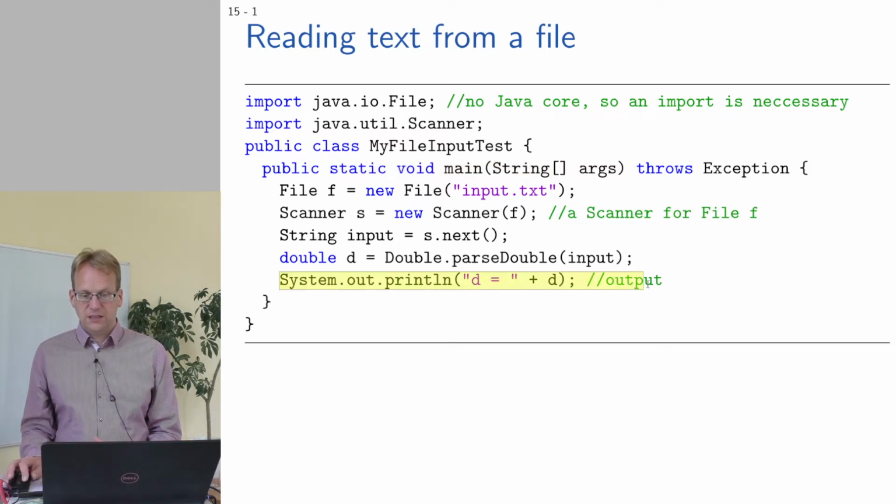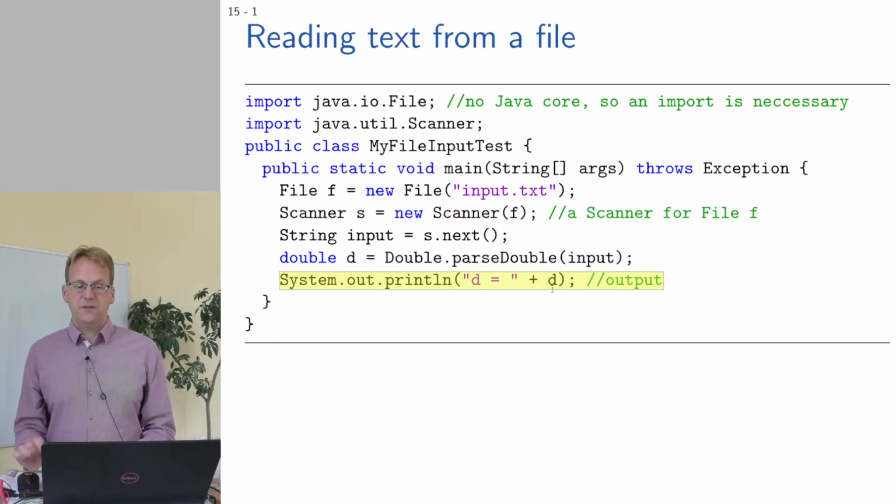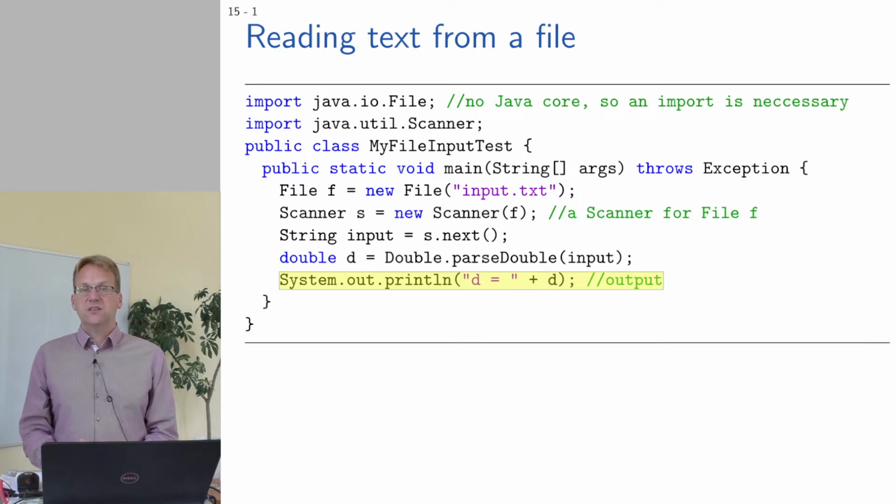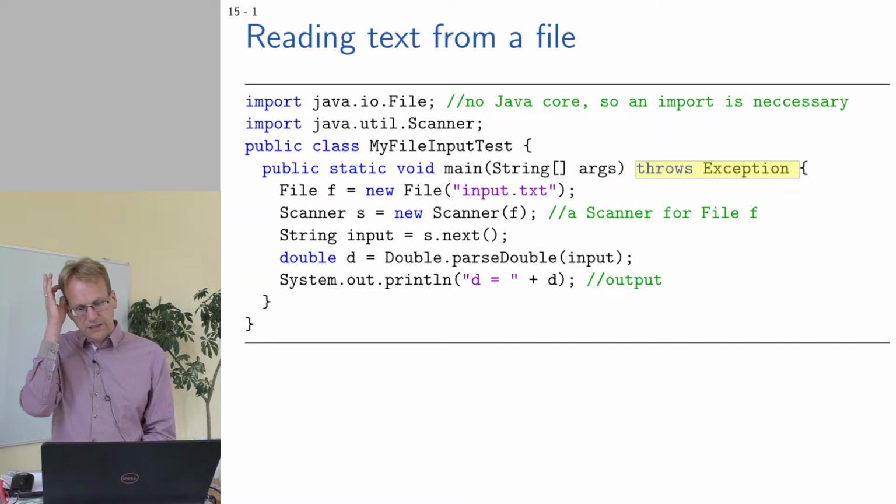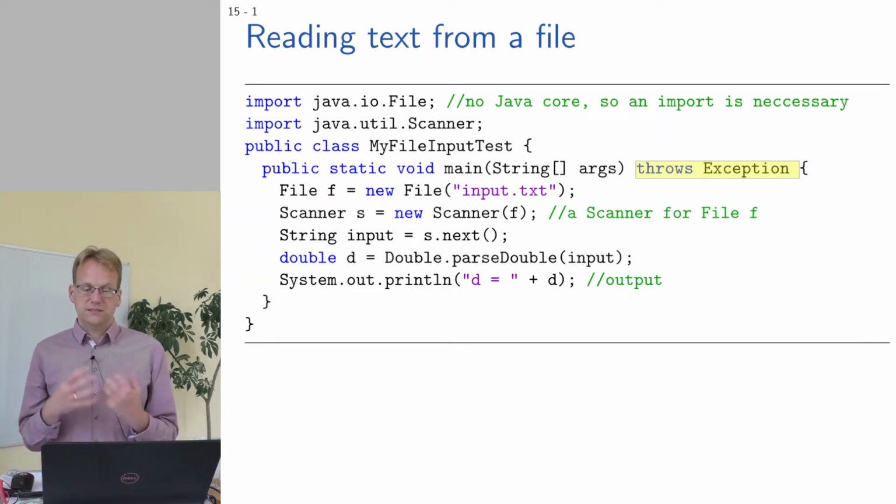Again, additionally, I'm using here this System.out.println method to report the value that we have read from the file, just for testing so that we can see whether our program has actually correctly read the double number. And also here, when opening a file for reading, I need to take care that our main method is handling this exception that this constructor of the class File may throw.